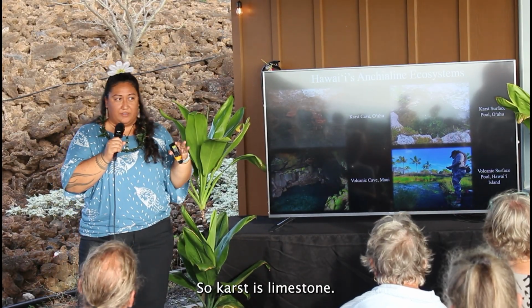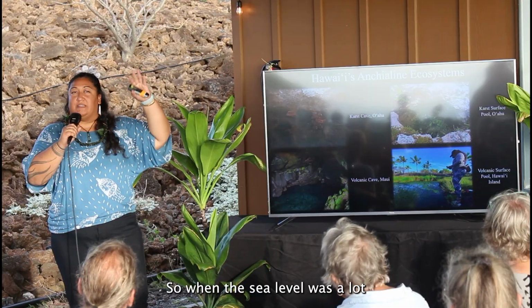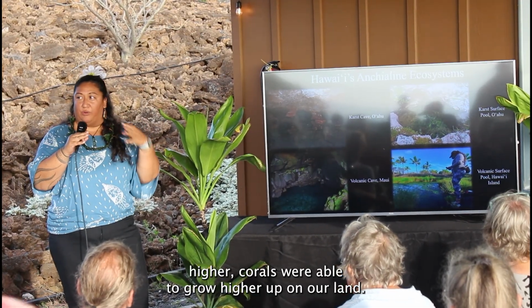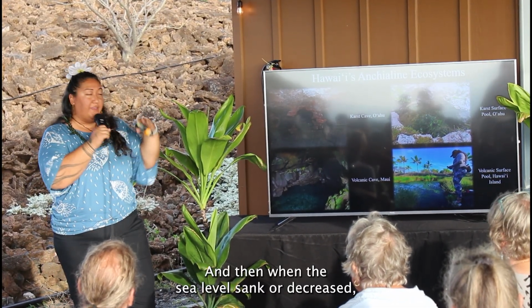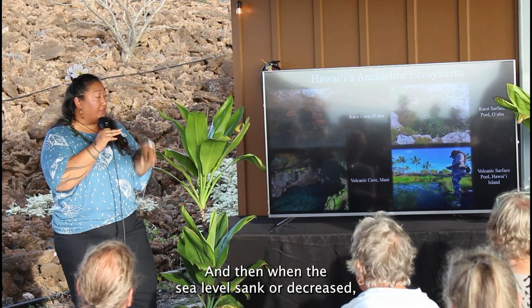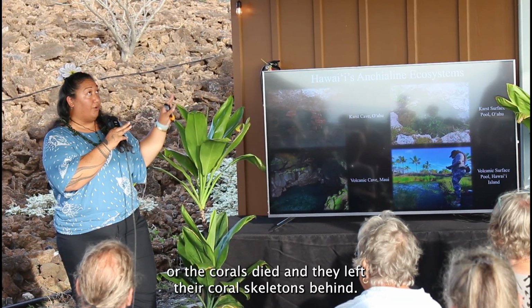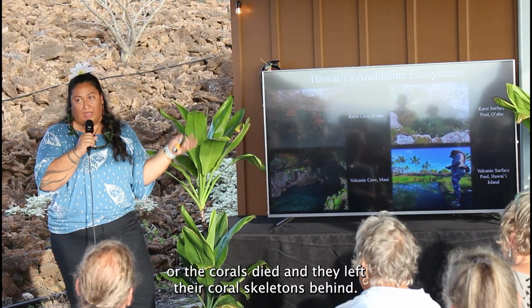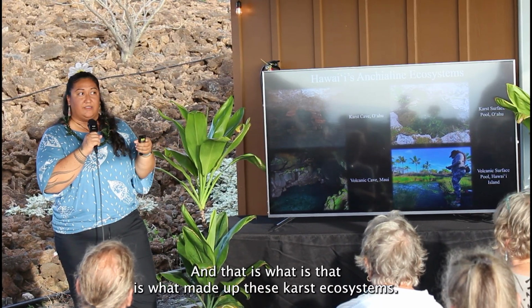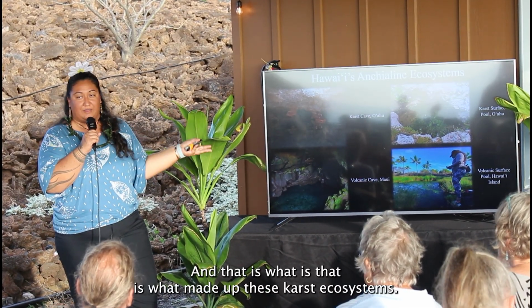So karst is limestone. When the sea level was a lot higher, corals were able to grow higher up on our lands. And then when the sea level decreased, the corals died and left their coral skeletons behind. And that is what made up these karst ecosystems.